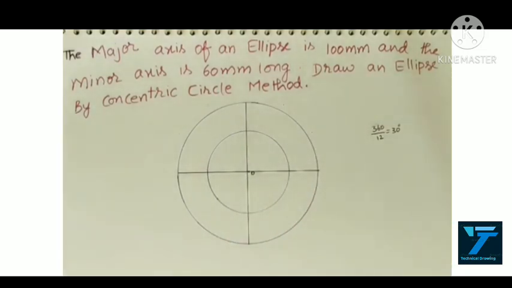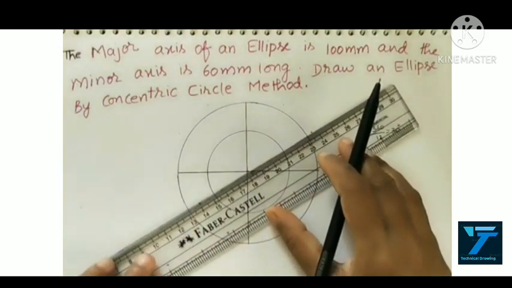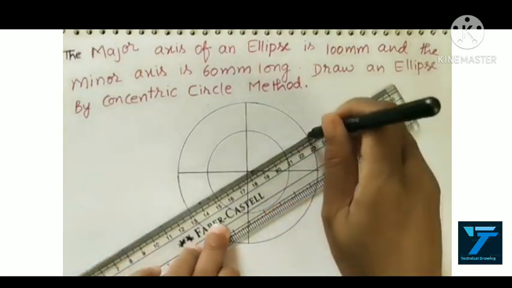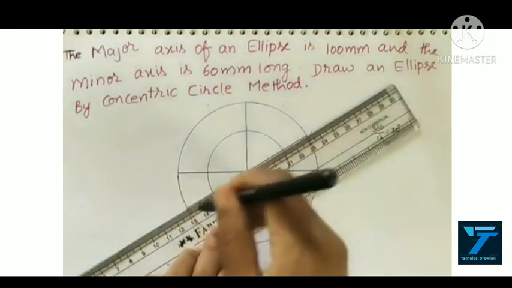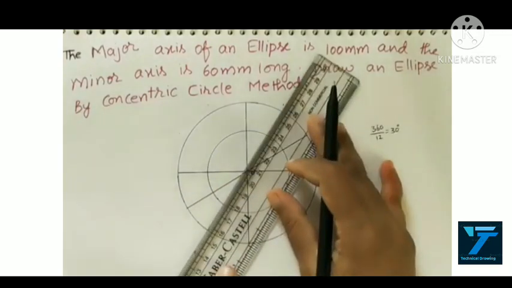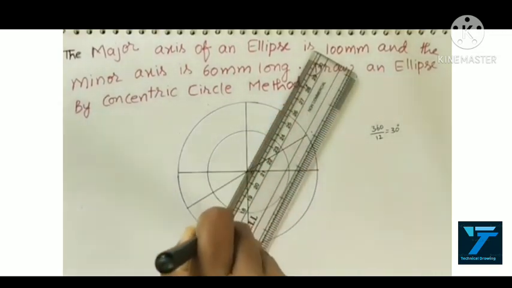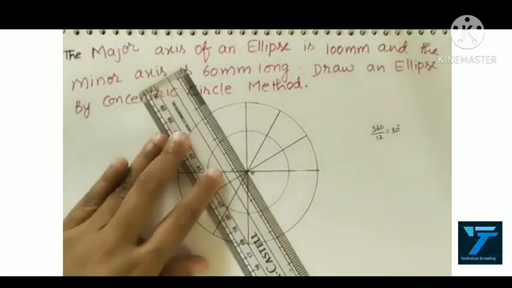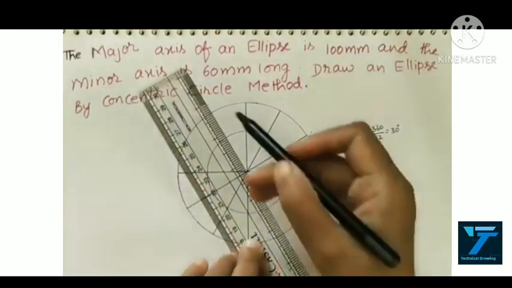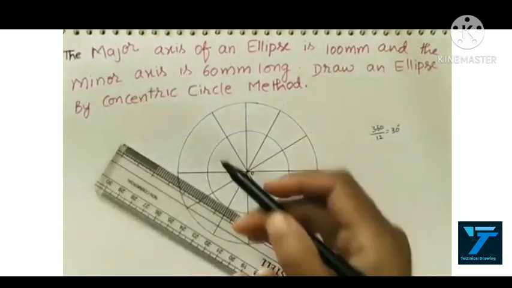For making divisions, extend this line here, and this point to center, and then this point to center, and this point to center, and this point to center.